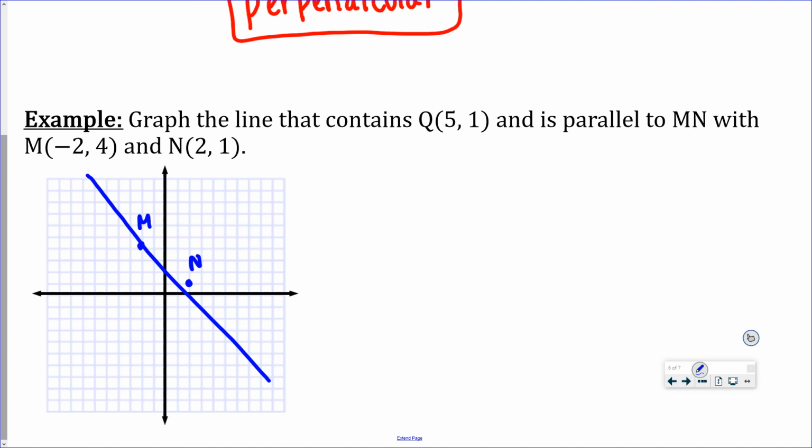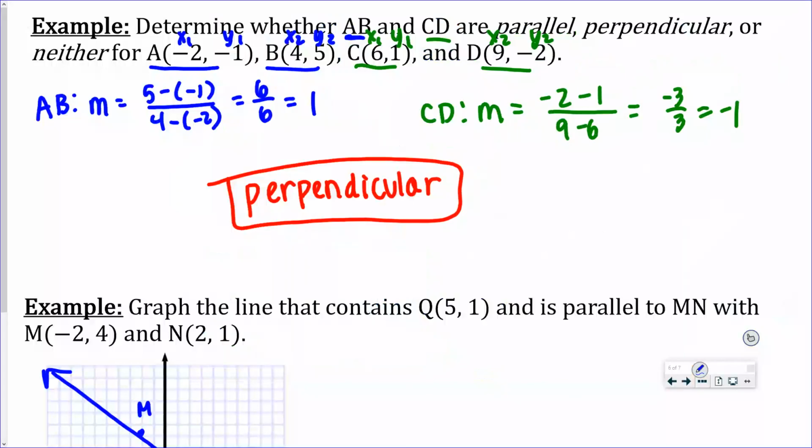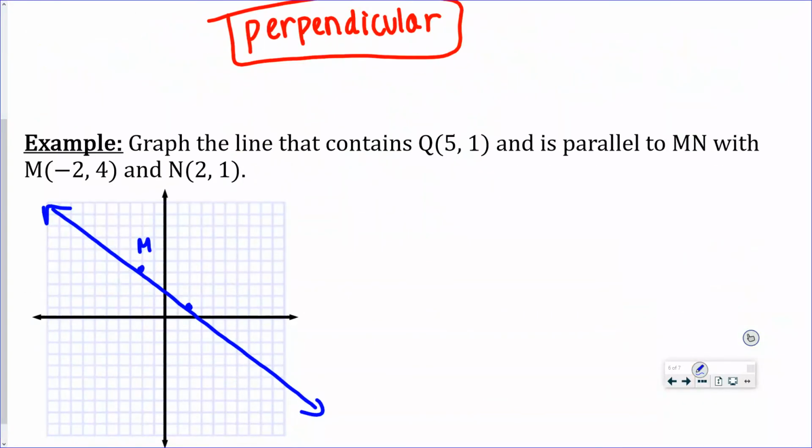Oh, no. Let me try that again. Because I'd rather count my rise over my run, but that's up to you. If you want to use the slope formula, you can. And then I can figure out what the slope of this line is.